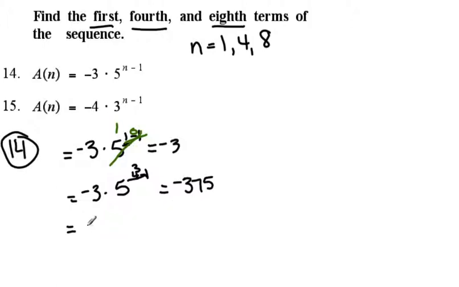And finally, doing it for n is 8, so we have to plug that 8 in. Negative 3 times 5 to the 8 minus 1. That 8 minus 1 gives us 7. I'm going to need to use the calculator for that because I don't know what 5 to the 7th power is.